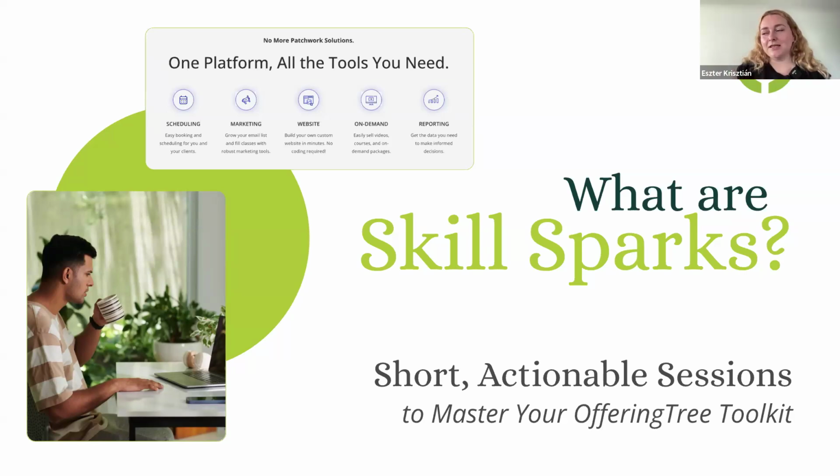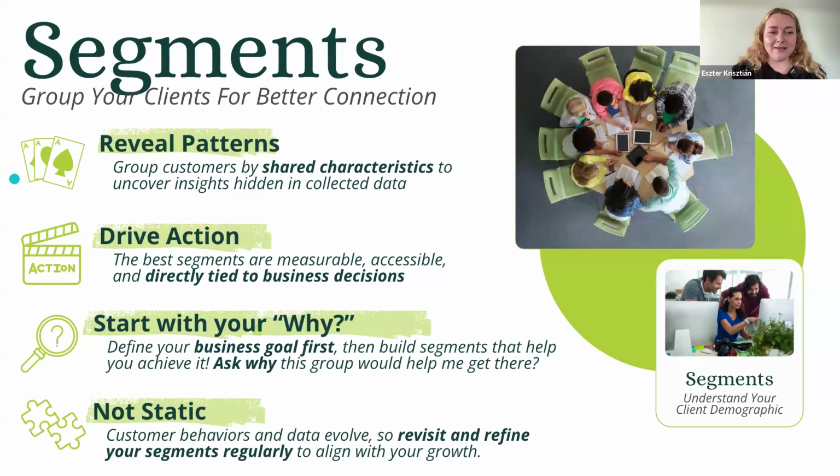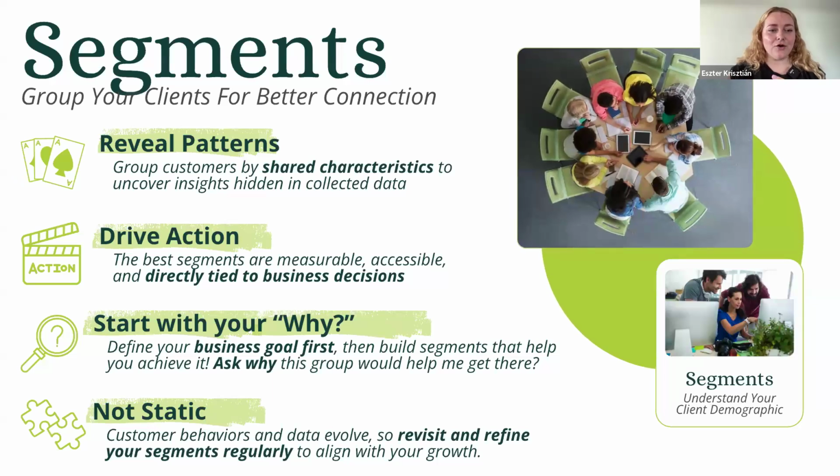So anyways, we are using the software today, contacts connecting to your segments. And you might be wondering, what are segments? Usually they reveal a pattern and they really easily group clients into different categories. A lot of times you can think of it more like a data category, and I'll explain why.